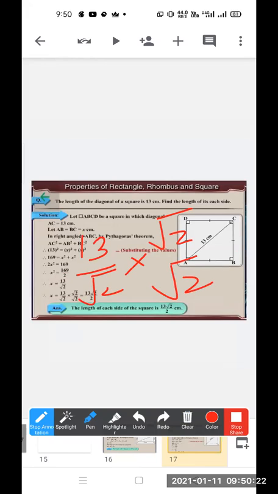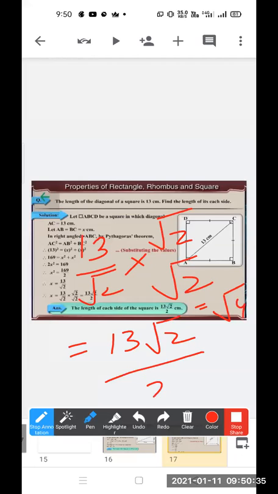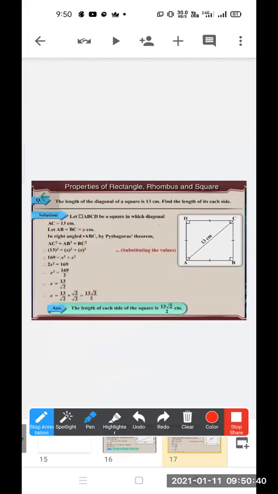So 13 into root 2 is 13 root 2, and root 2 into root 2 is root 4, and root 4 is 2. So 13 root 2 upon 2 is the answer. So the length of each side of the square is 13 root 2 upon 2 centimeter. Is it clear? So in this way we can find.